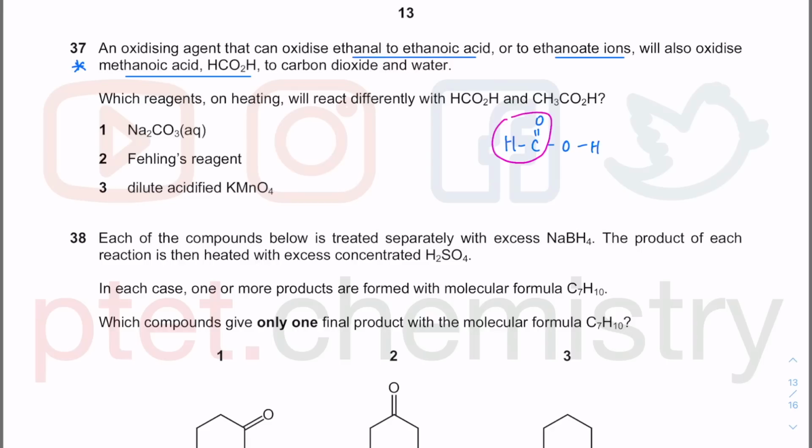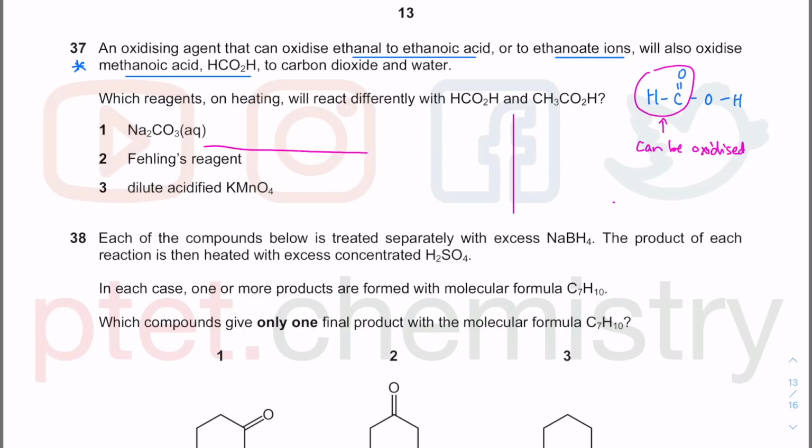There is a hydrogen on the carbonyl carbon, which means you can lose the hydrogen. Loss of hydrogen is oxidation there. Anyway, you're looking for something that will react differently with the methanoic acid as well as the ethanoic acid. So I'm just going to quickly talk about the 3 different tests, whether they will react or not.